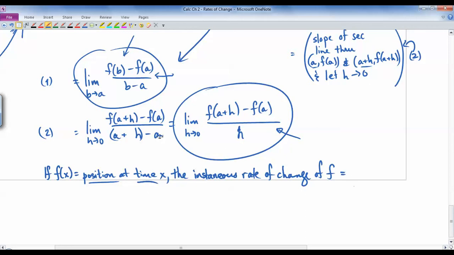So change in position over change in time is a velocity, and this gives you your instantaneous velocity at time x. Okay, so this is the one last piece here that we need. Okay, that's it.